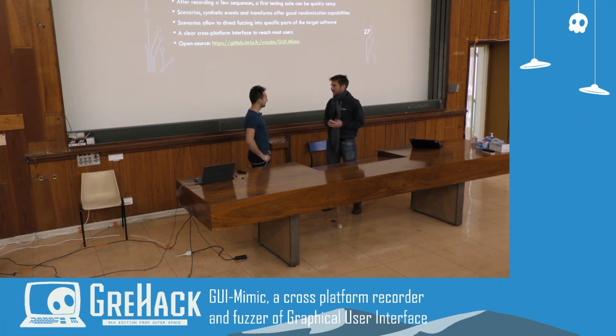What do you mean by minimize? The number of recordings, you mean? Yeah, the number of recordings, the number of data, and the number of vectors that you input in your fuzzer. Minimizing is done mainly by the synthesis of events. On the other hand, you should not try to minimize it, to make sure to increase your code coverage. The more recordings you do, the better the code coverage.